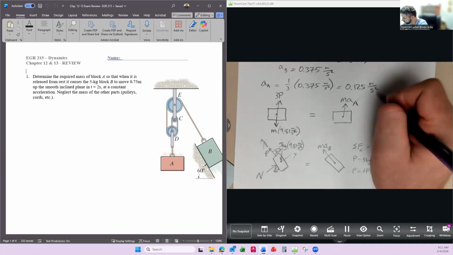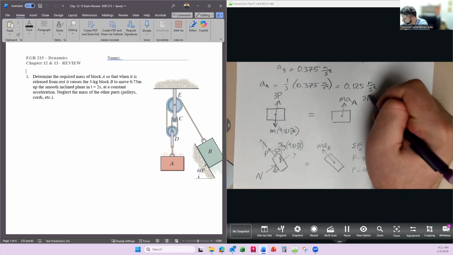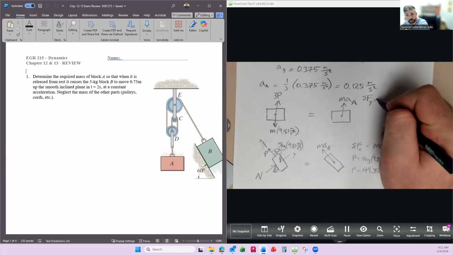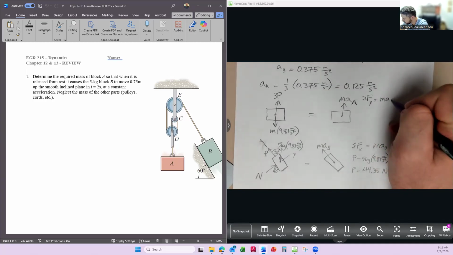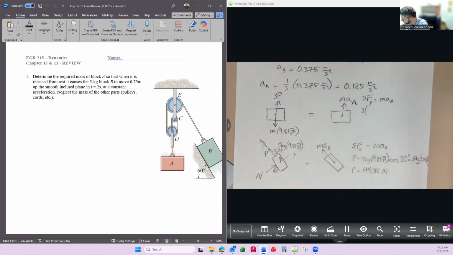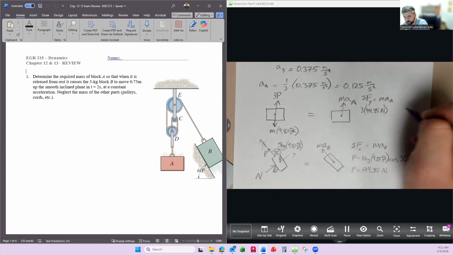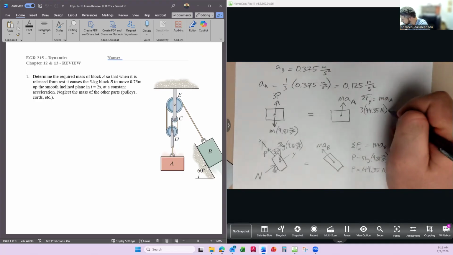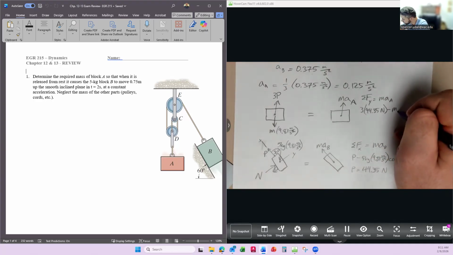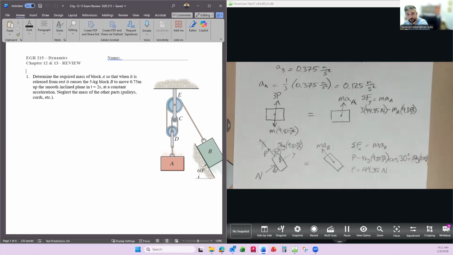So if we use this diagram, oh, smeared stuff, we've got the sum of the forces in the y now equals M A_A. So summing the forces, we've got 3P going up. So I'm going to plug in the 44.35 newtons that we just solved for, minus the mass of A times gravity. May not have enough space here.